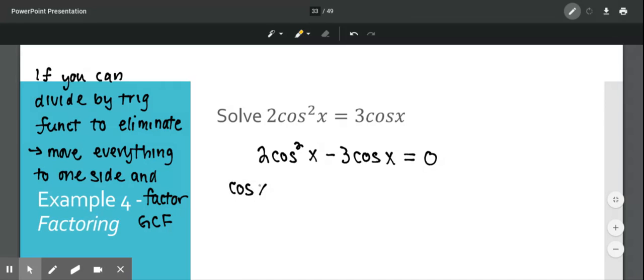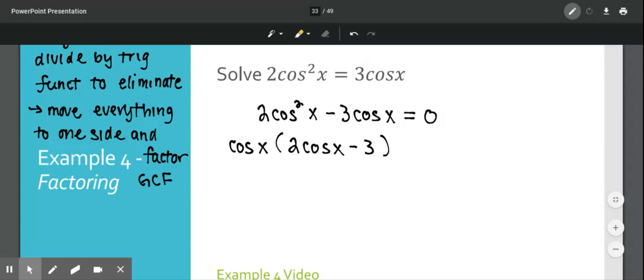And if we factor out a cosine, we're left with 2 cosine x minus 3 equals 0. Right? And so now this is factored. If you have 2 factors and they're equal to 0, we can just set each factor equal to 0. So we would get cosine of x equals 0, or 2 cosine of x minus 3 equals 0.